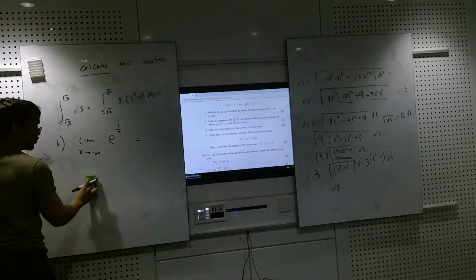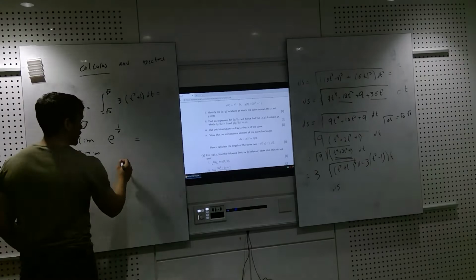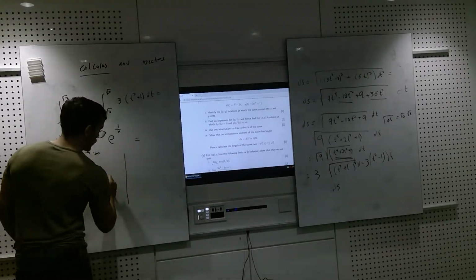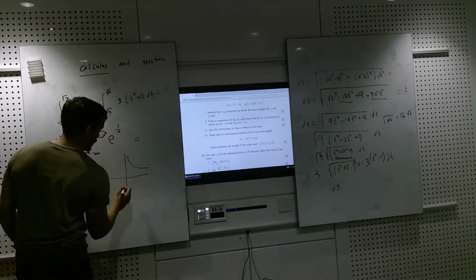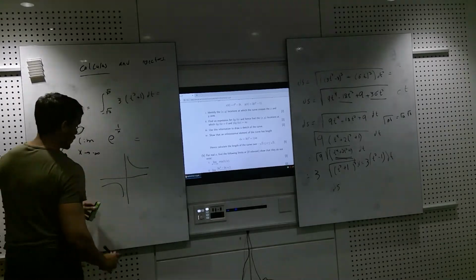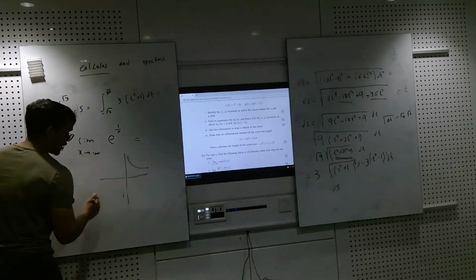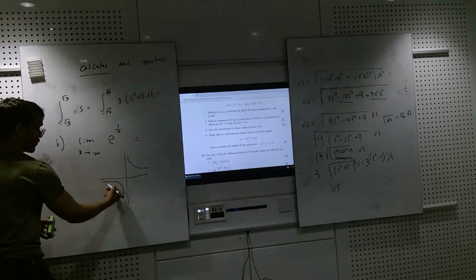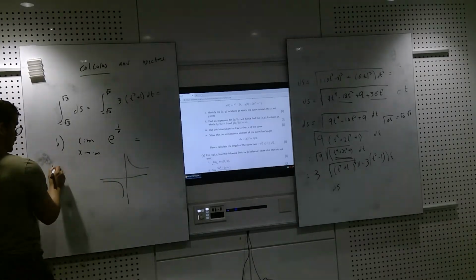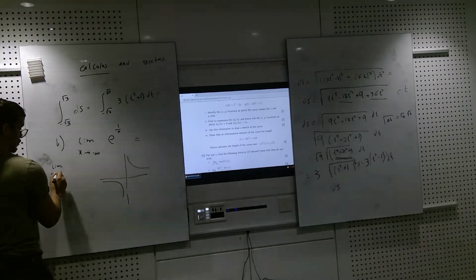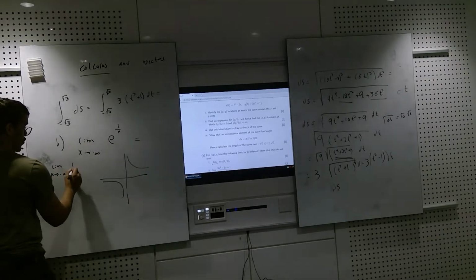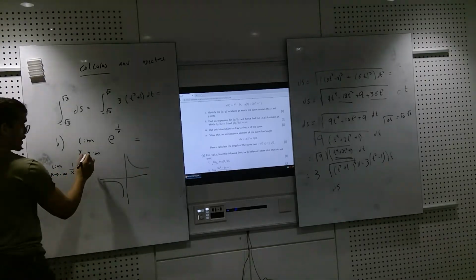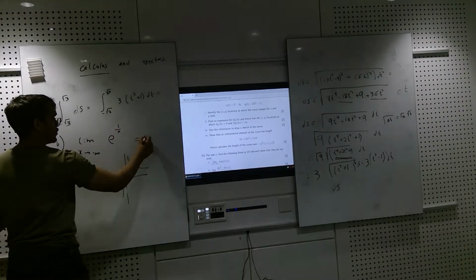Actually, you don't have to draw any graph to find this limit. 1 over x will look something like this and this. You know that the limit as x goes to negative infinity of 1 over x is equal to 0, and e to the 0 is 1.